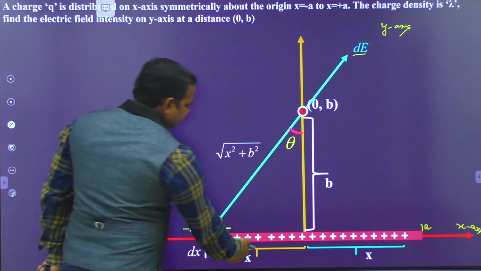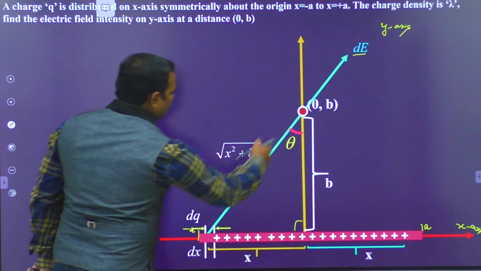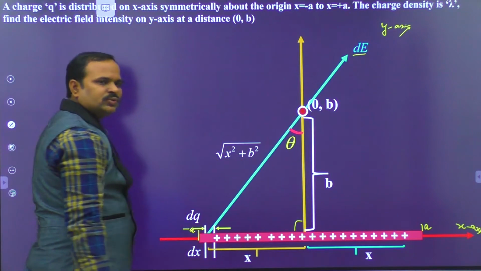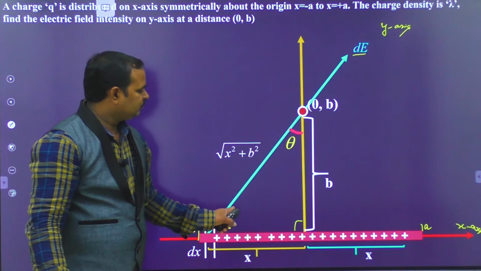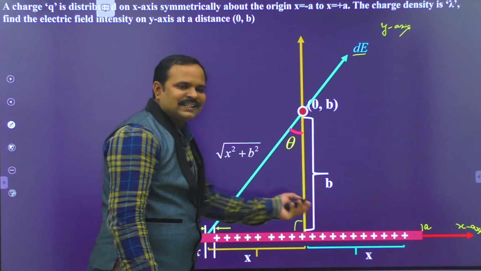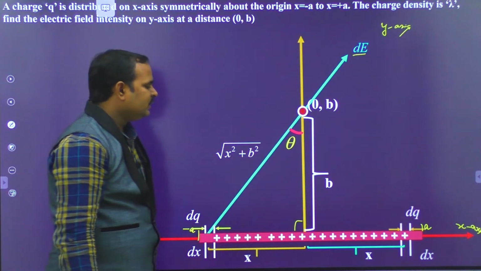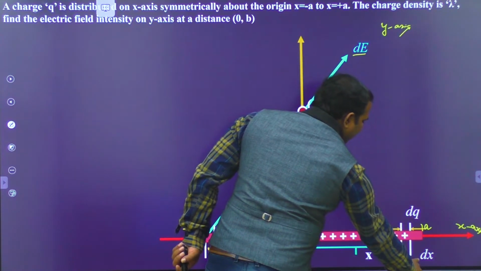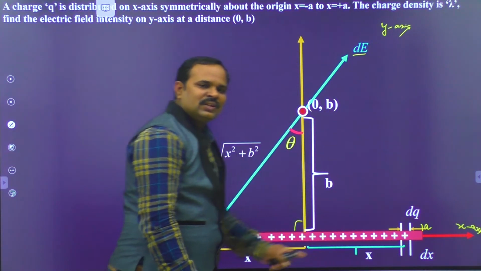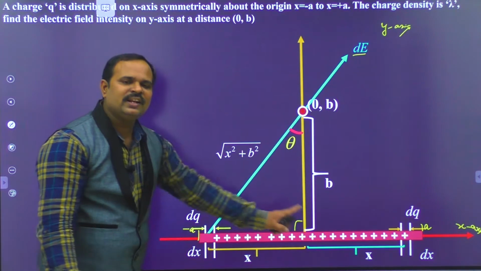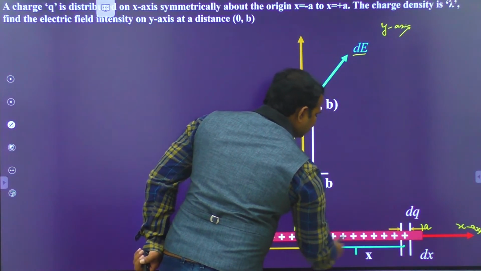Now this is x, this is b, and this is a right angle triangle, so the hypotenuse will be root of x squared plus b squared, using side squared plus side squared equals hypotenuse squared. Now let us consider a small charge dq of length dx on the right side of the x-axis. We are taking these small charges symmetrically about the origin, which is why the distance from this small charge to the origin is again x.